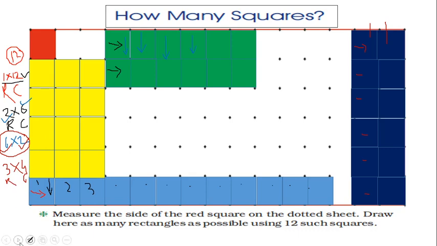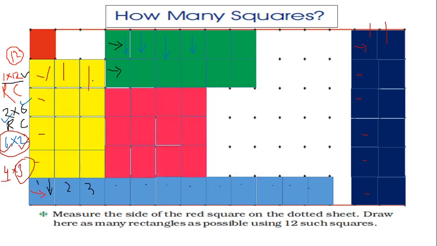But sorry, here we got 4 rows and 3 columns. 1, 2, 3, 4. 4 rows are there. Look here. 4 rows, 3 columns. 1, 2, 3. 3 columns. So we got this one. 4 into 3 form. Again 3 into 4.